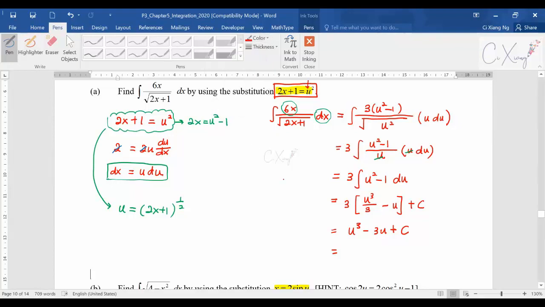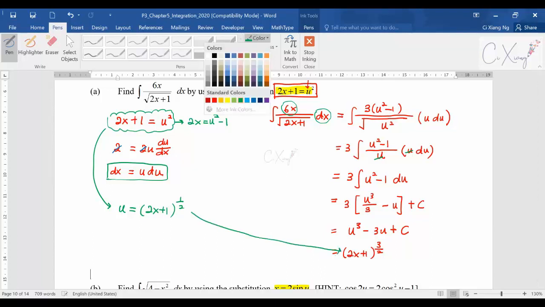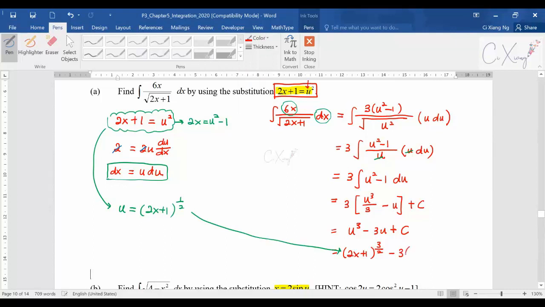And therefore, you will get 2x plus 1 power 3 over 2. Alright? Okay. Then how about 3u? 3u means you will get 2x plus 1 power half. Then plus c. Okay, so your final answer should be in terms of x, like what I show you here.